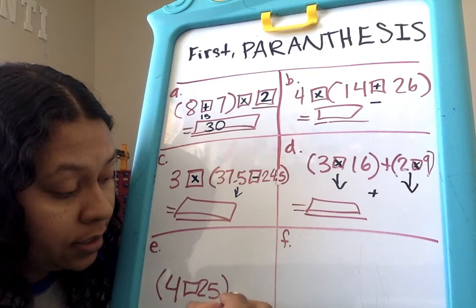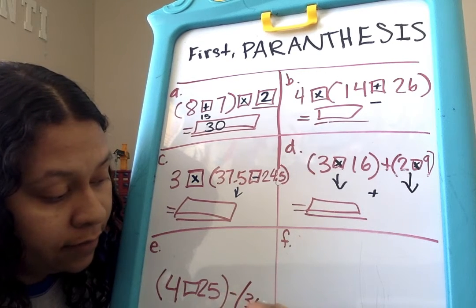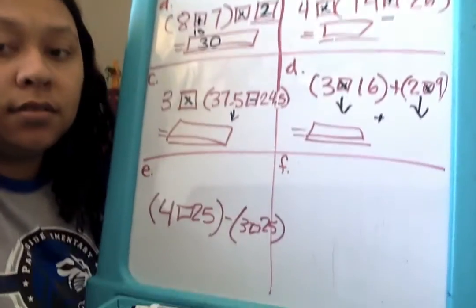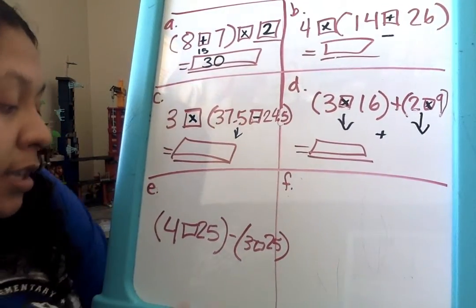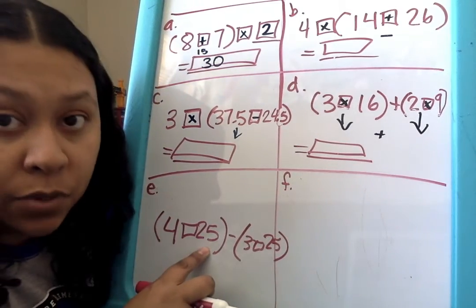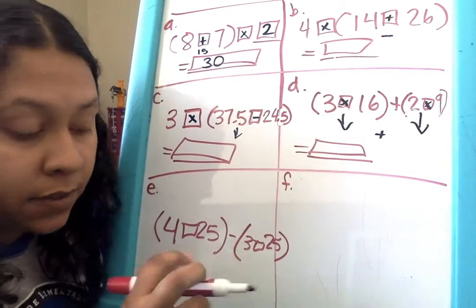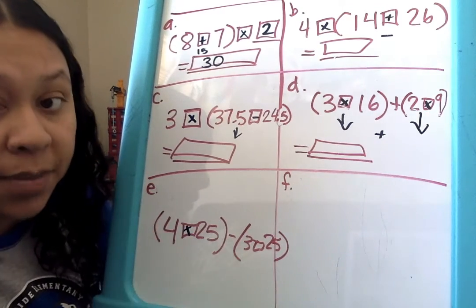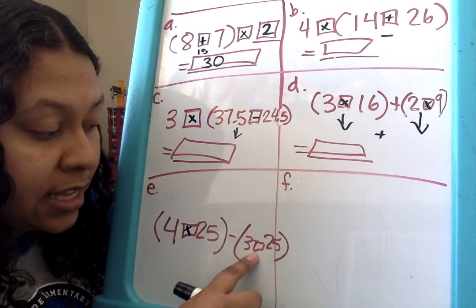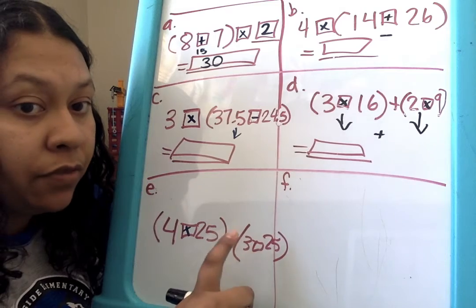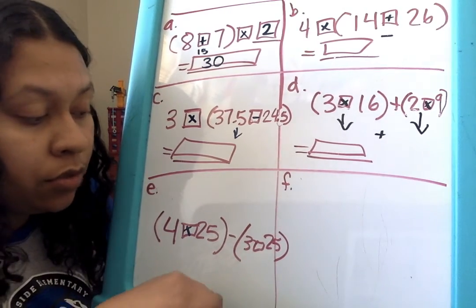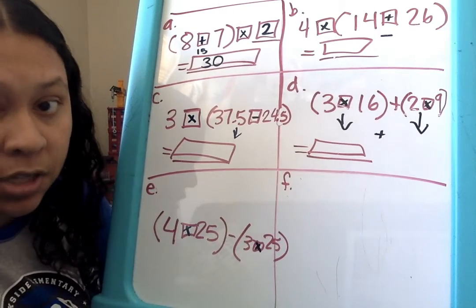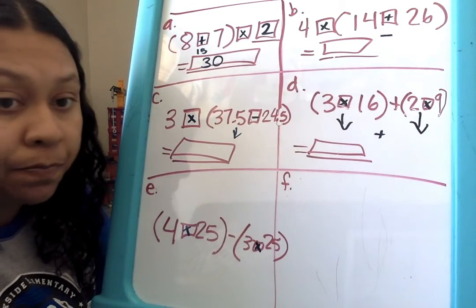The difference of 3 25s. So if we have 4 copies of 25, 4 25s, that means we would need to multiply it. So 4 times 25. And then we also have 3 25s, 3 copies of 25. So that would also be a multiplication operation.